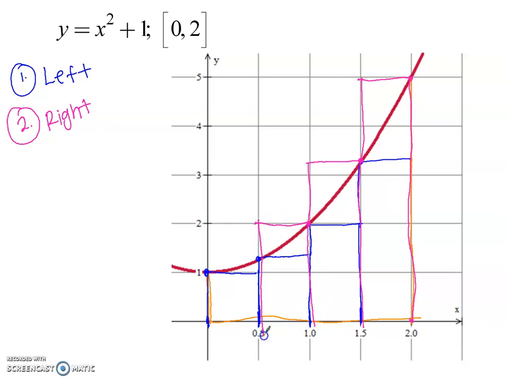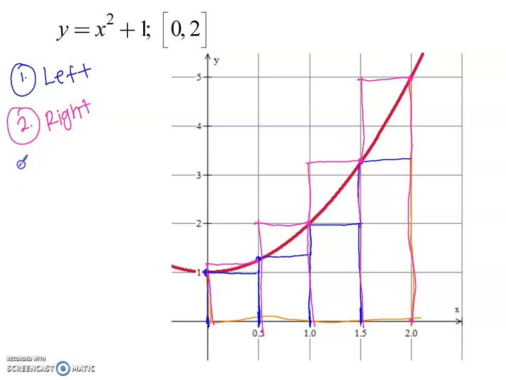So this time we're drawing our rectangles starting from the right-hand side. And then I would add up the area of these 4 rectangles. That would give me the approximation for the right-hand sum. So I can see the left-hand sum, since the heights are all a little bit under, would be a little bit short. The right-hand sum would be a little bit over, estimation-wise, since they go above.